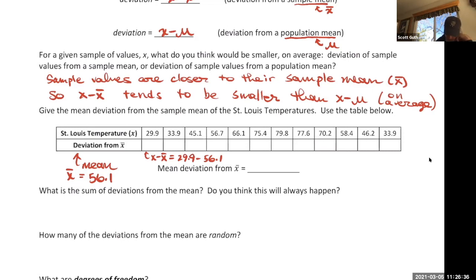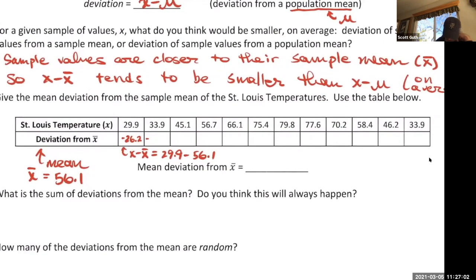So the first one should be negative 26.2. You're saying that this value deviates from the mean by a distance of 26.2. It's negative, which means the value is below the mean. You do it again for 33.9. You subtract the same 56.1 and you get negative 22.2. No, 45.1. The deviations are getting smaller as the values get closer to the mean.